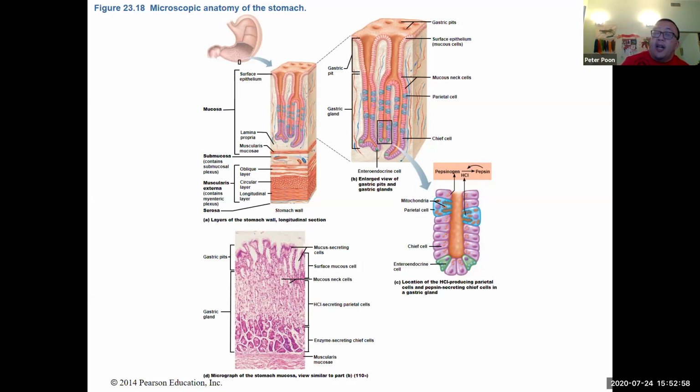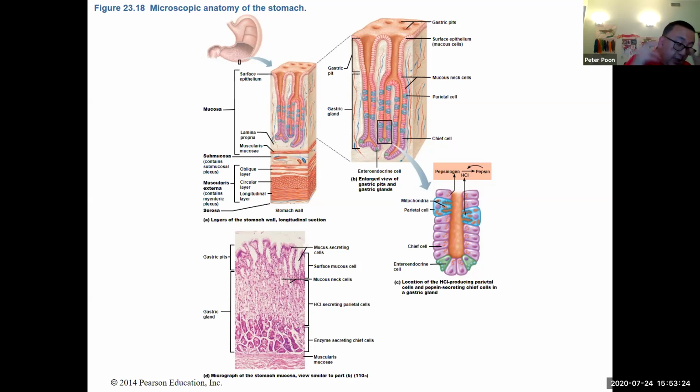So it can turn into pepsin, but it needs help. It needs acid. Acid is HCl, and that's provided by the parietal cell. The parietal cell secretes HCl. The HCl chops the pepsinogen into pepsin, and then the pepsin digests the protein.